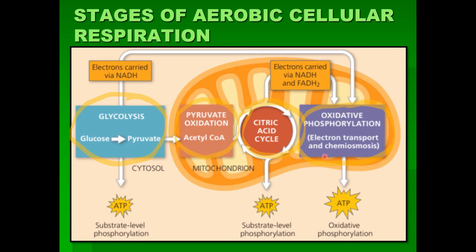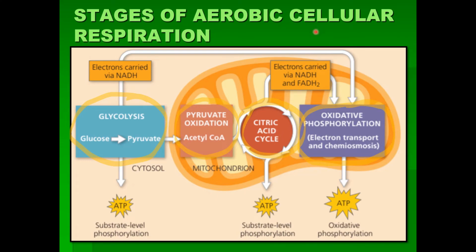The majority of ATP that cellular respiration will produce is formed through the electron transport chain and chemoosmosis. Aside from that, glycolysis, pyruvate oxidation, and the citric acid cycle or Krebs cycle generate a lower amount of ATP.